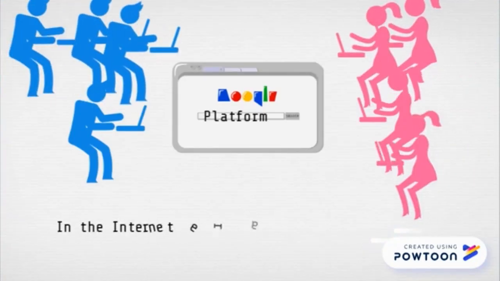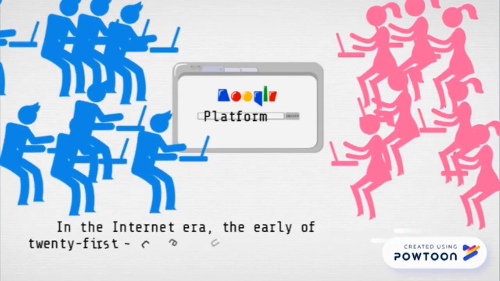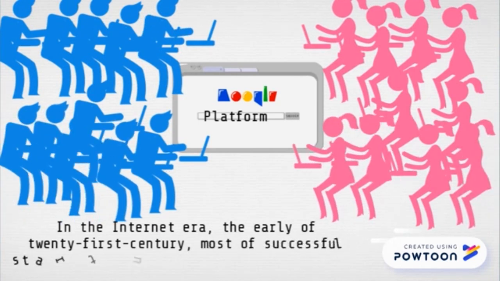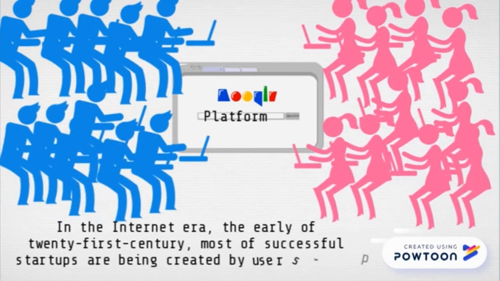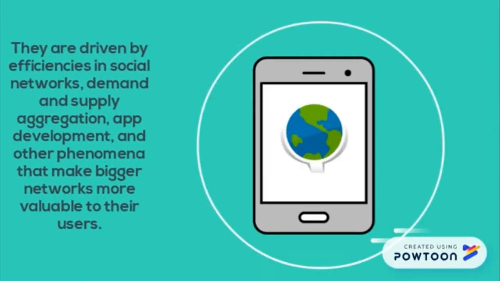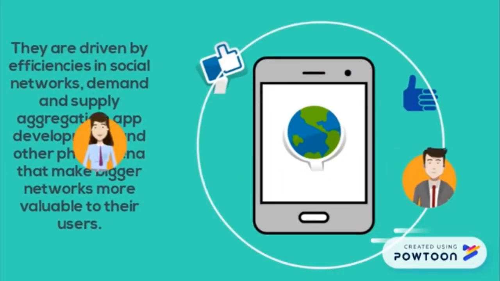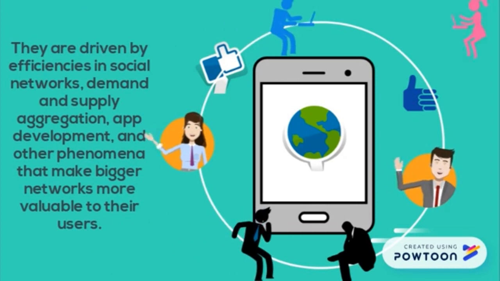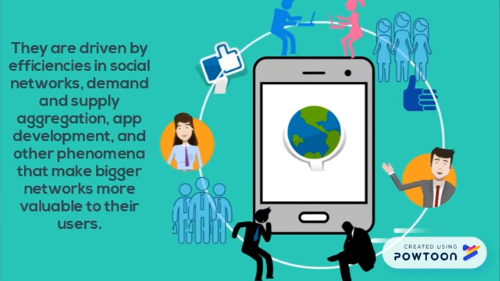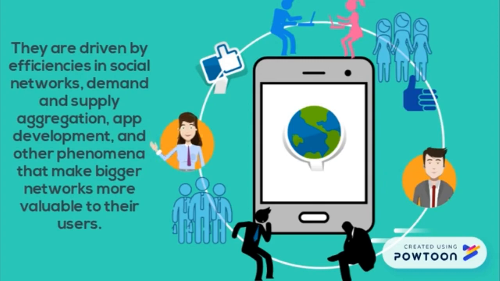In the Internet era, the early 21st century, most successful startups are being created by users, demand economies of scale. They are driven by efficiencies in social networks, demand and supply aggregation, app development, and other phenomena that make bigger networks more valuable to their users.